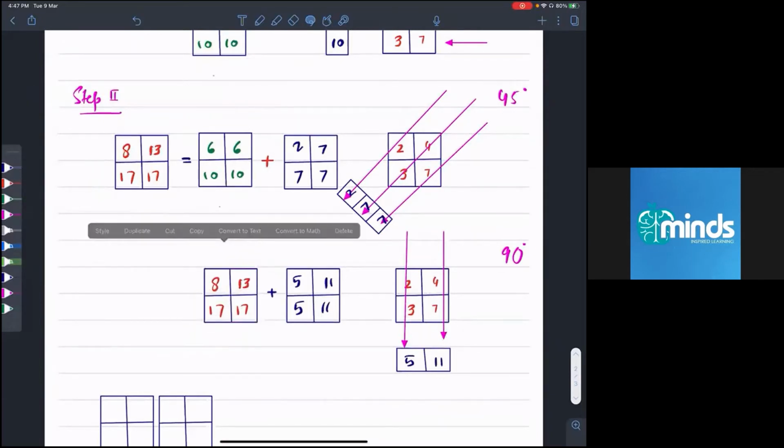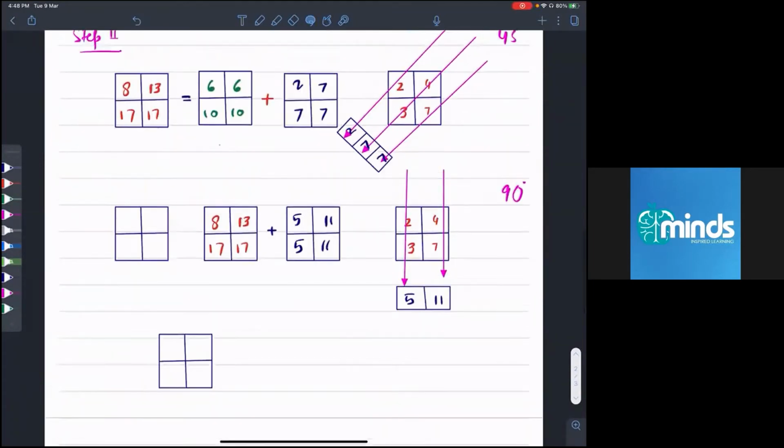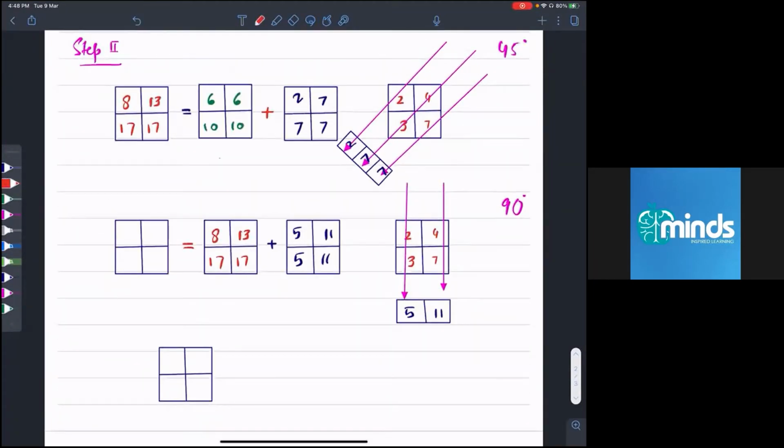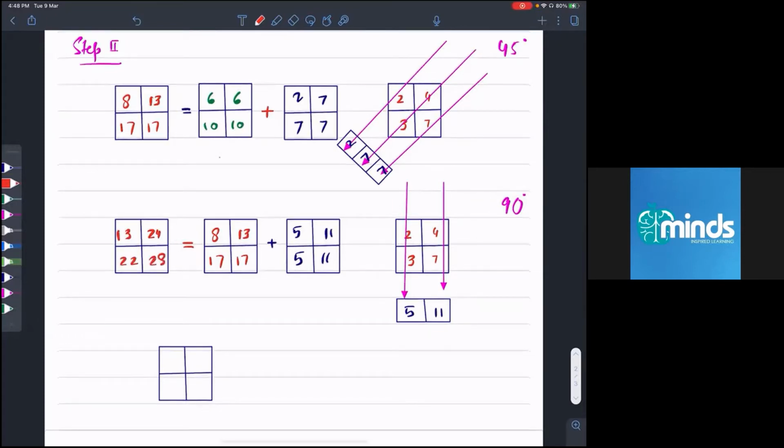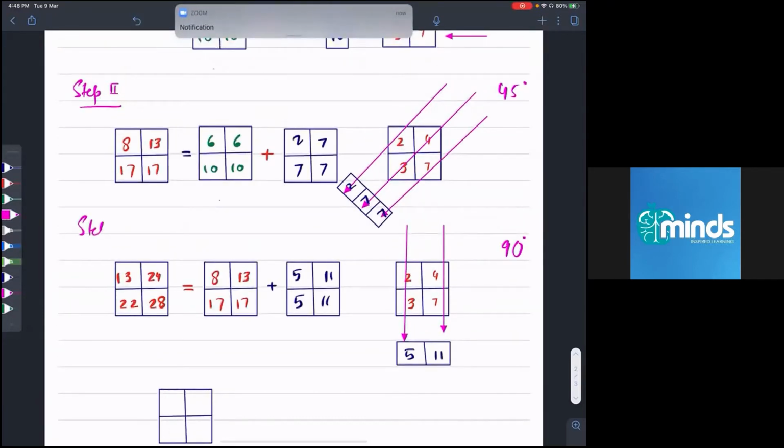So computer will add these two. When computer add these two, we will be able to get 13 plus 11 is 24, 5 plus 8 is 13, 17 plus 5 is 22, and 17 plus 11 is 28. So computer will give us this memory now. So this is actually step 3.